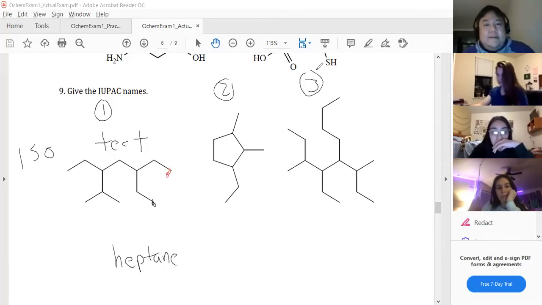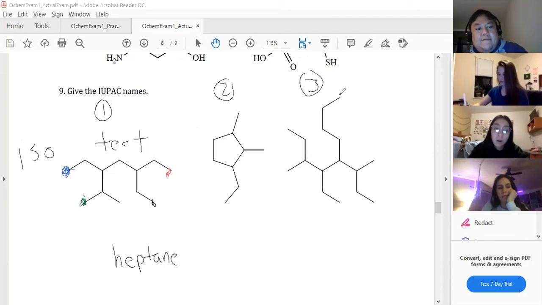So which carbon should I go to? Should I count from the black to the blue here? The black to the green? Which one should I go to? When I did it, I did green to red. Okay, well, green or black and red are interchangeable, right? So that would be correct.